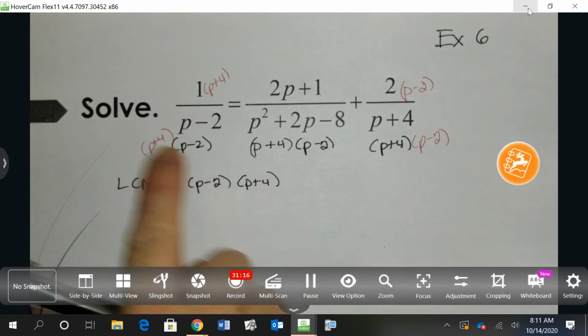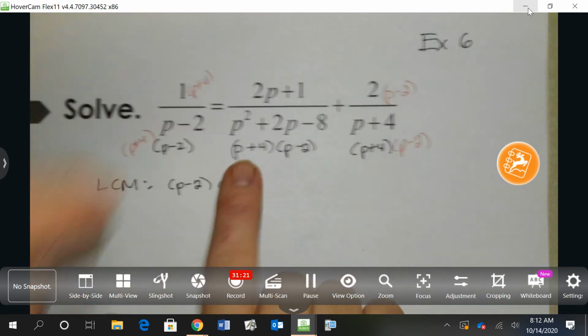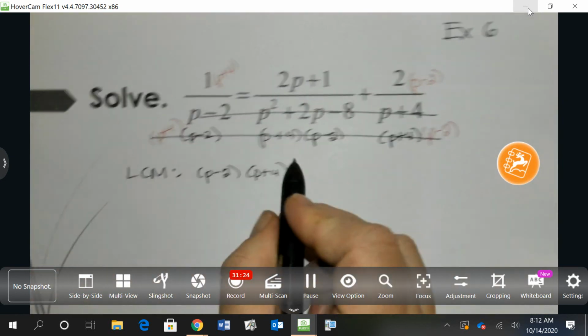So I've found the LCM, checking everything is there, everything is present. Okay, I cancel out the denominators, and now I solve the top.